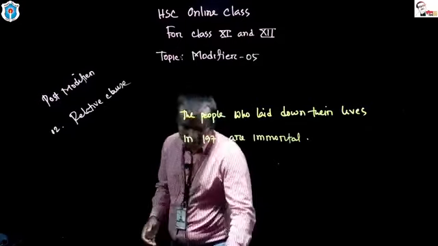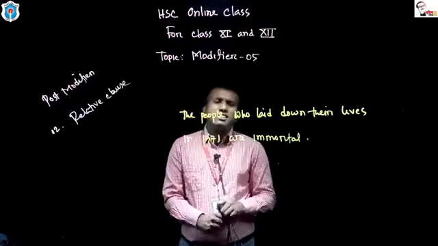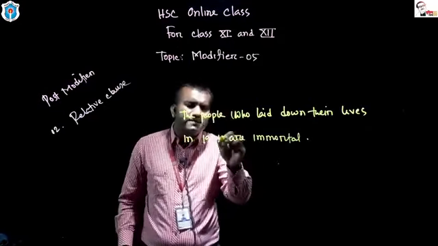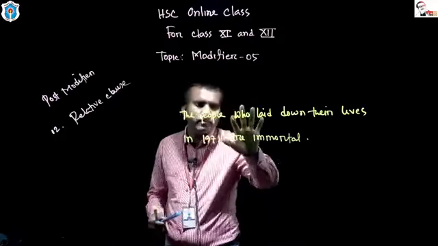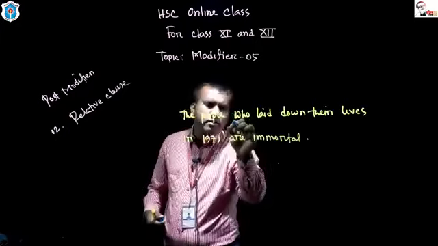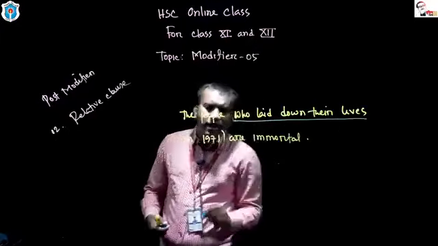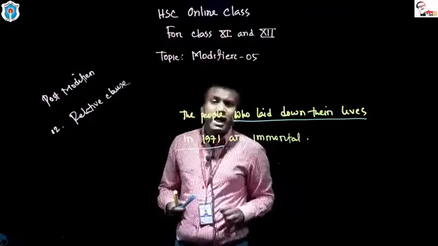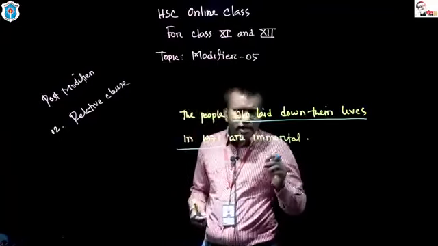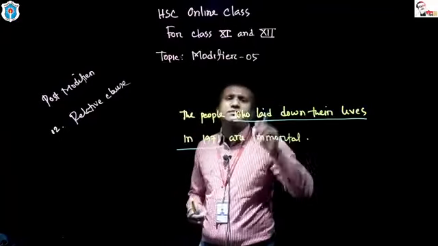Thank you. Here, the subordinate clause is who laid down their lives in 1971. This is the part of subordinate clause. Now tell me the conjunction of this subordinate clause.